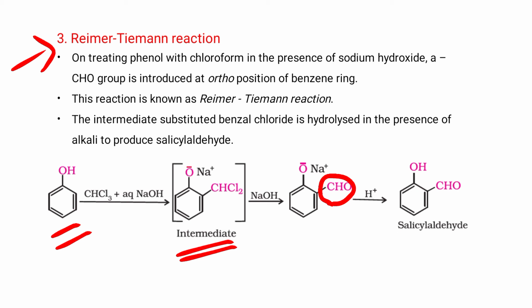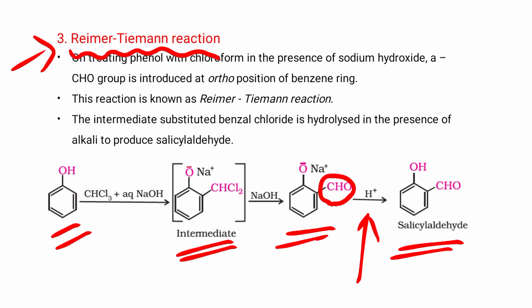The intermediate substituted benzyl chloride is hydrolyzed in the presence of alkali to produce salicylaldehyde. Okay, then further this compound converts into salicylaldehyde in the presence of acidic medium. So it is also a very important reaction because it is a named reaction, Reimer-Tiemann reaction.